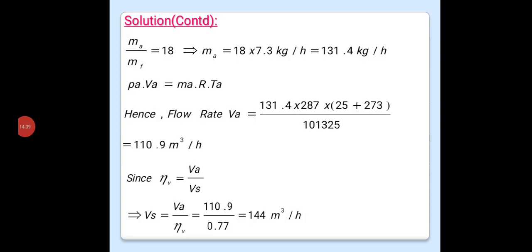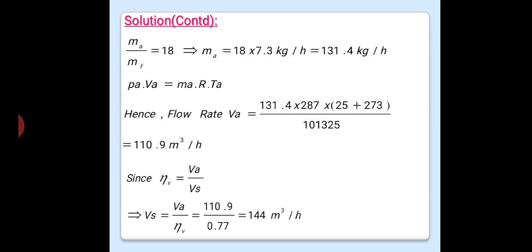Now we have calculated the mass of fuel consumed. Now we are going to calculate mass of air. As air fuel ratio we know, so after substituting the values, we got mass of air is 131.4 kg per hour. Once you know the mass of air, we have the relation rho A VA is equal to MA into R TA.